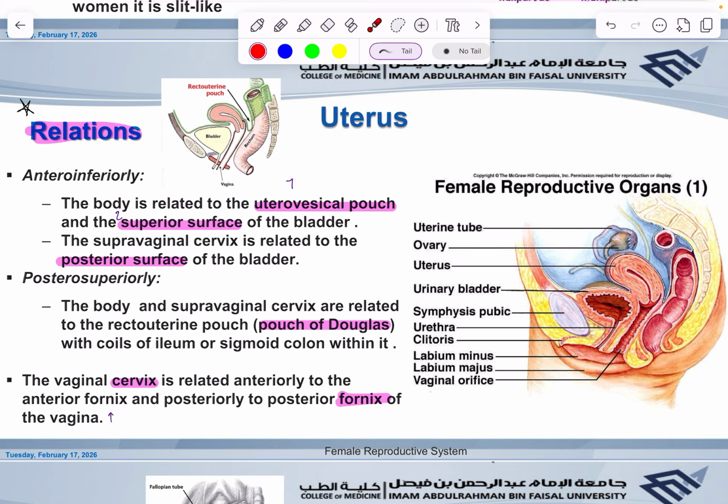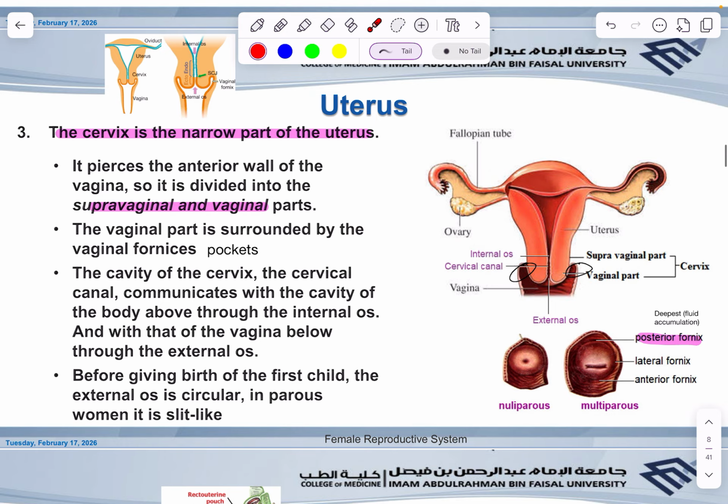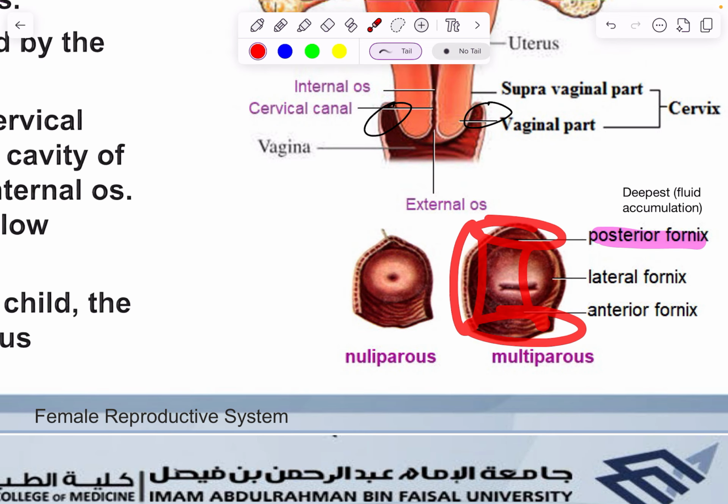Posterior to the uterus we have the rectum, so it's also related to the recto-uterine pouch, the peritoneum between them, also known as the pouch of Douglas. The cervix is related to the fornices: anteriorly to the anterior fornix, posteriorly to the posterior fornix, and we have the lateral fornices as well.